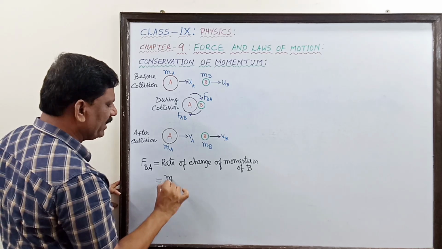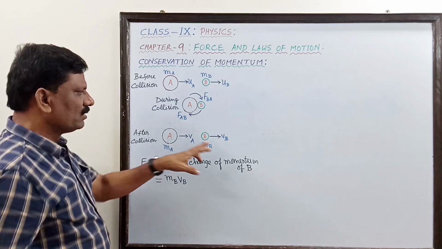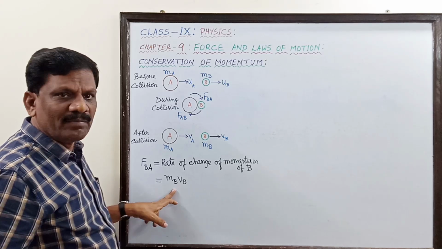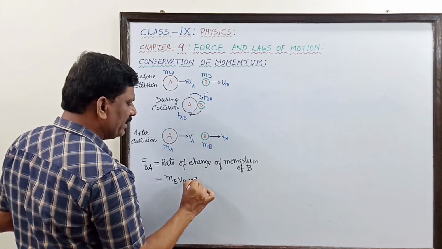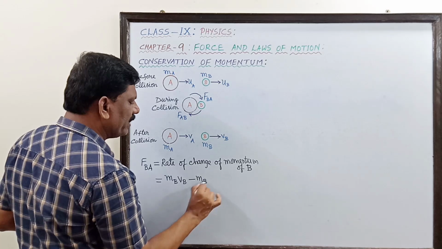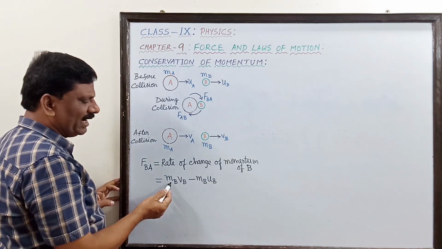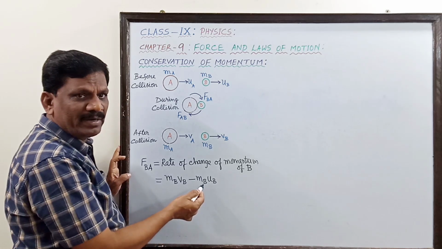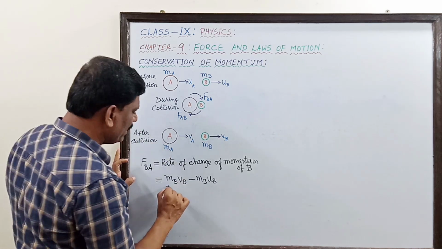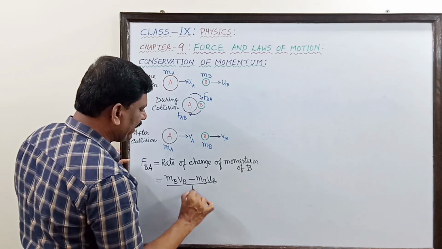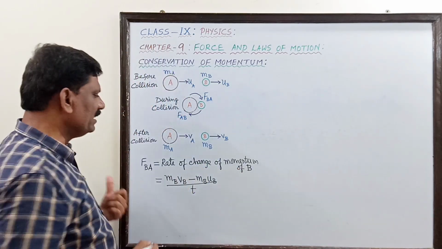So the final momentum of B is MB into VB, minus the initial momentum of B, which is MB into UB. This final momentum of B minus initial momentum of B is called the change in momentum of the body B divided by the time of collision.